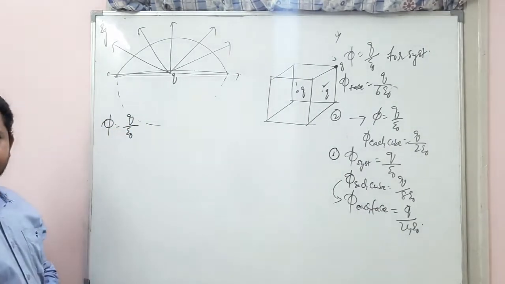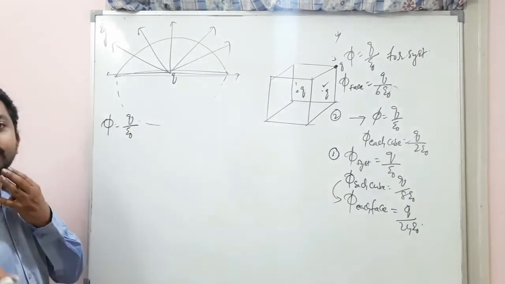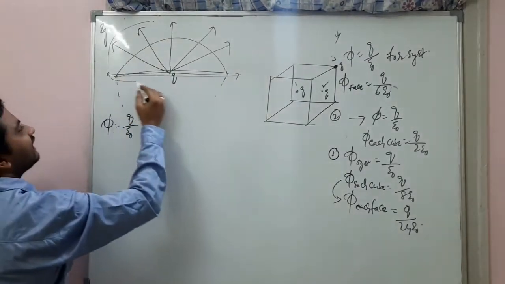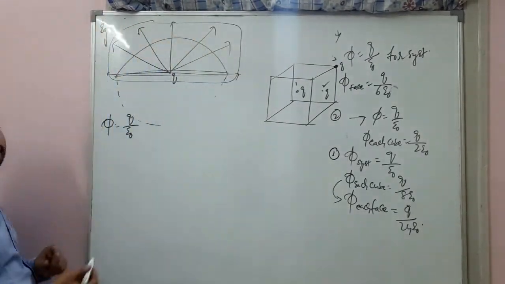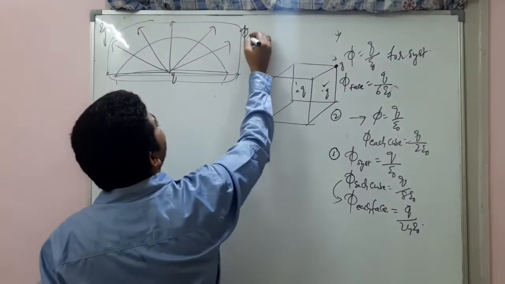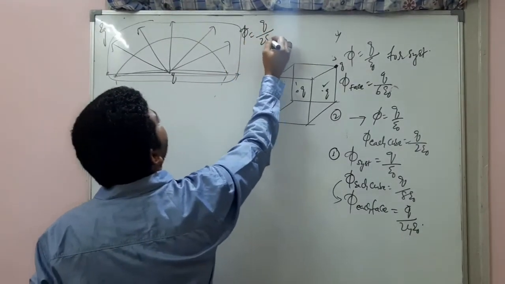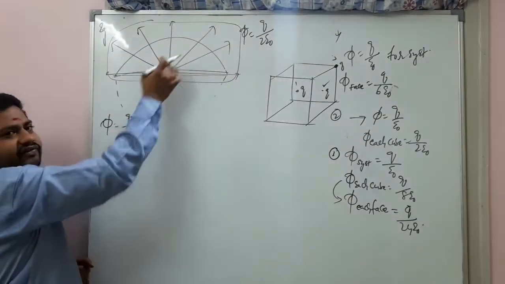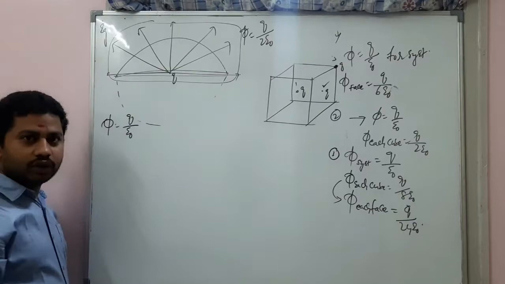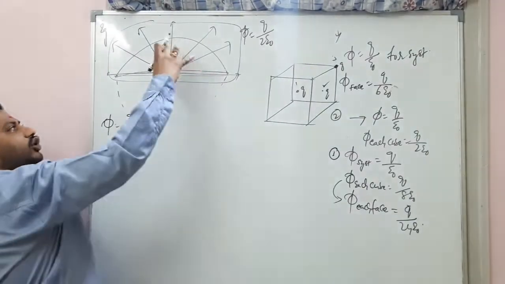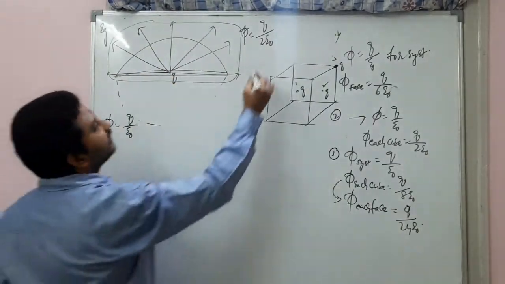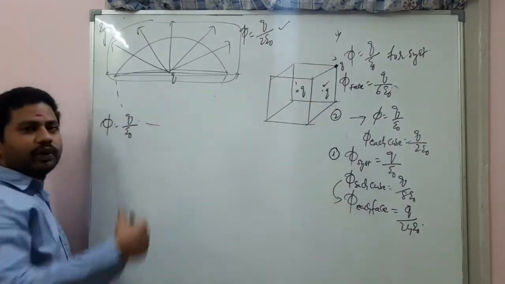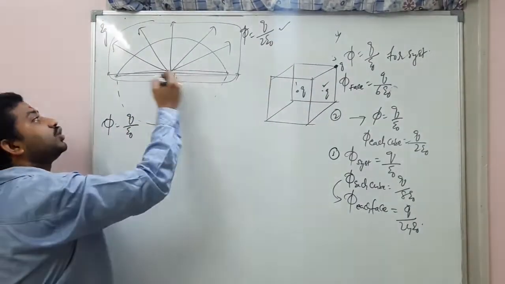But we need only the flux linked with the hemispherical body, which is half of the total flux. Yes or no? So through the Gaussian surface also half of the flux will move, but it is imaginary. So the flux linked with it is Q by 2 epsilon naught.